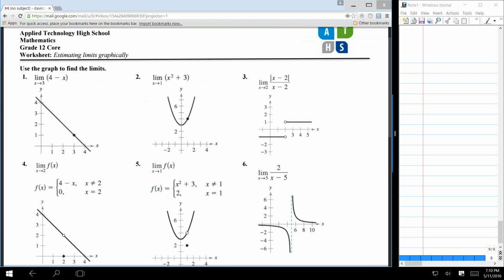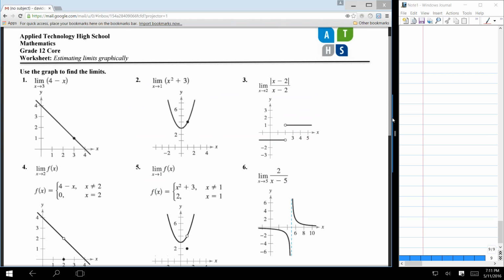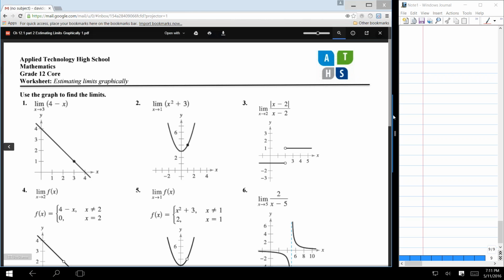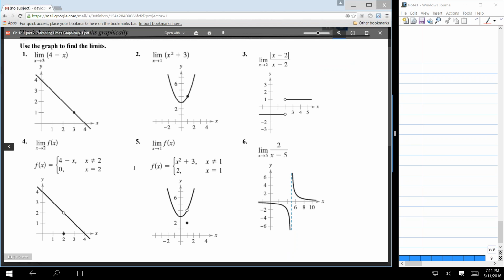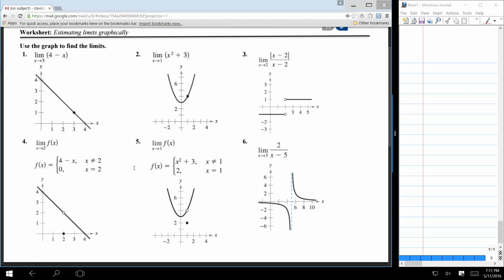Yes. Again, we're estimating them with graphs only. So what's number one? Number one is, one second. Okay, number one would be 1. Okay, number two?